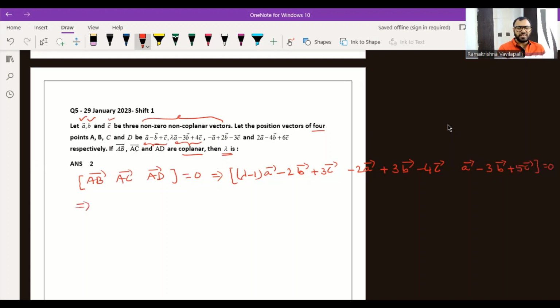So this is equivalent to the determinant of lambda minus 1, minus 2, 3, with A bar component, B bar component, C bar component; minus 2, 3, minus 4; 1, minus 3, 5, equal to 0. Since A bar, B bar, C bar are non-coplanar vectors, you just simply think like A bar equal to I cap, B bar equal to J cap, C bar equal to K cap. They are non-coplanar. So you just expand, you will get the answer.